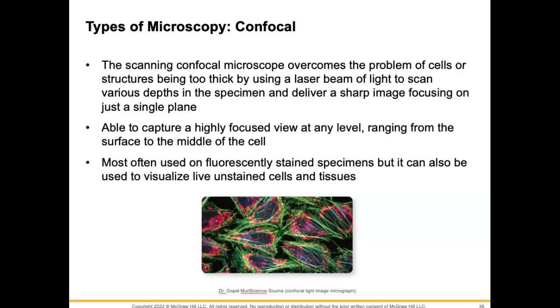Confocal. Scanning confocal microscope overcomes the problem of cells or structures being too thick by using a laser beam of light to scan various depths. Most often used on fluorescently stained specimens, but can also be used to visualize live unstained tissues and cells.